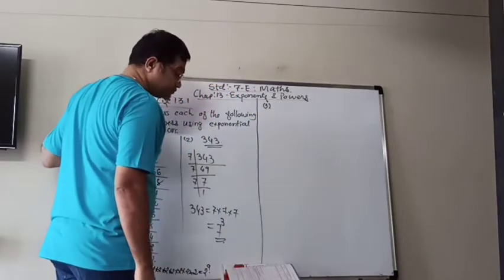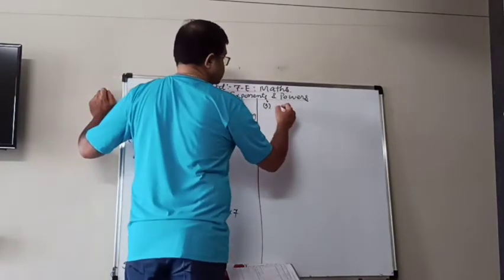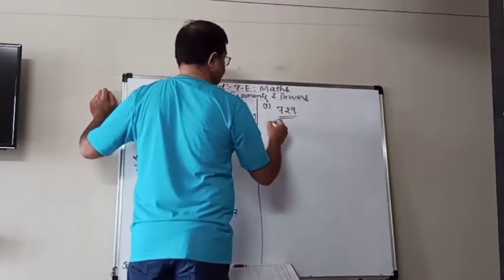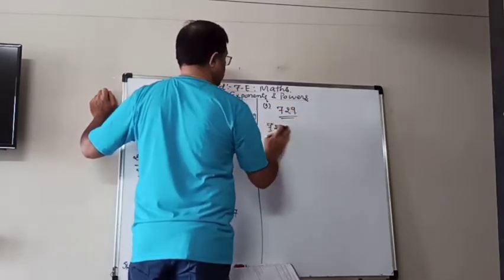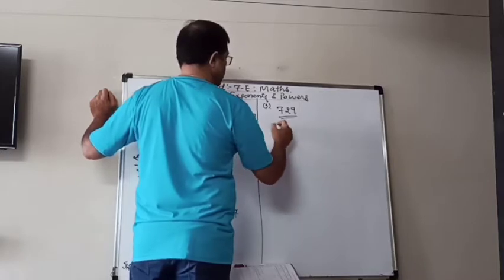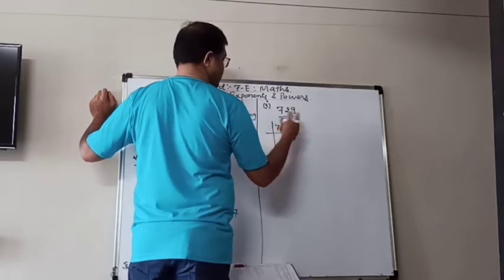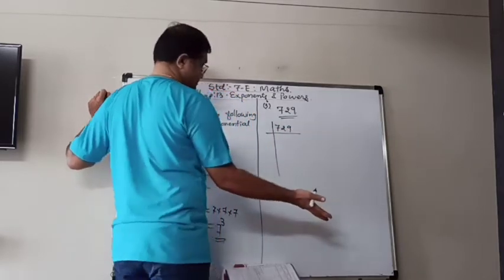Third one is 729. Now it is also an odd number. Let's check with 3. 7 plus 2 is 9, 9 plus 9 is 18, which is divisible by 3.